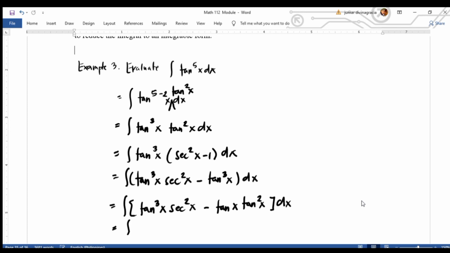Then the integral of tangent to the power of 3 of x times secant square of x minus tangent of x times. Again, we will now substitute the identity of tangent square of x, which is secant square of x minus 1 dx.